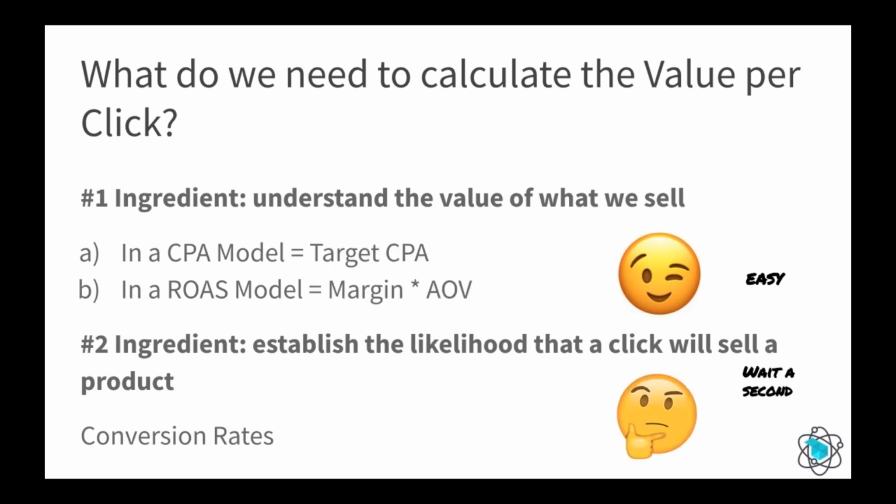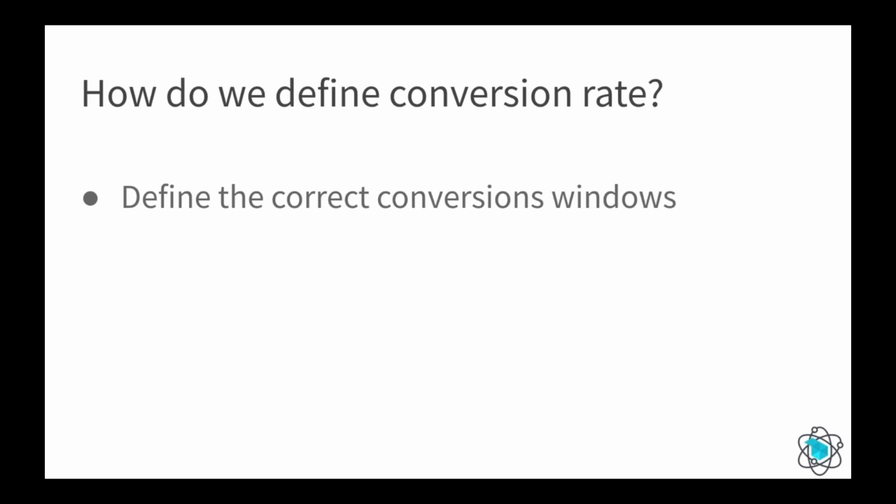So the first part is easy. The second part is a little bit more difficult. Why? Because we need to define the right window for the conversion rate. If some of you are more familiar with Facebook than Google, this is a classic situation, the post effect in attribution.